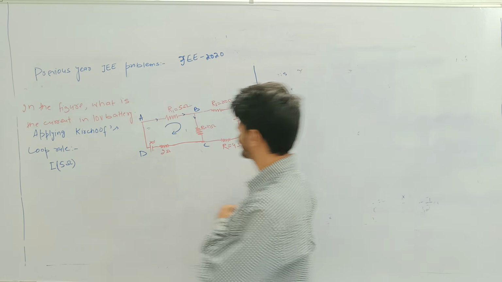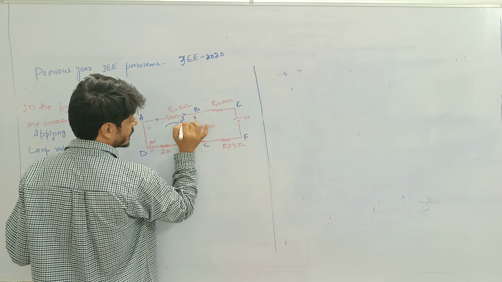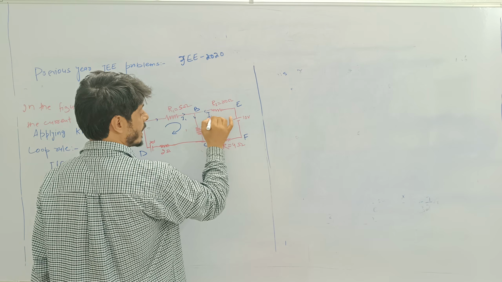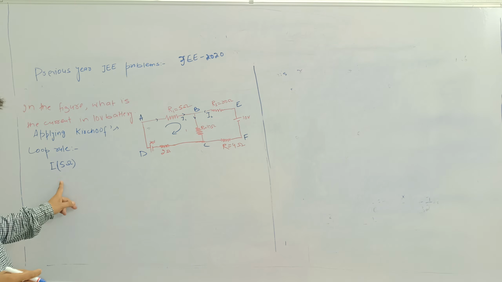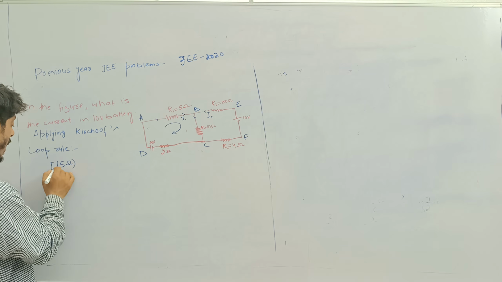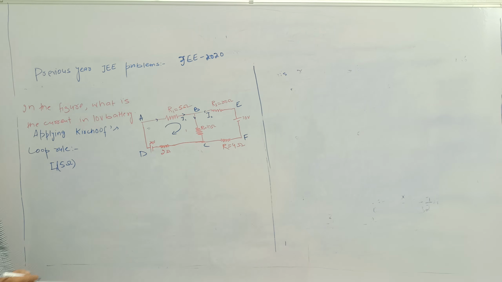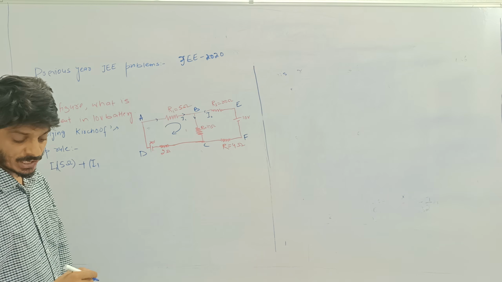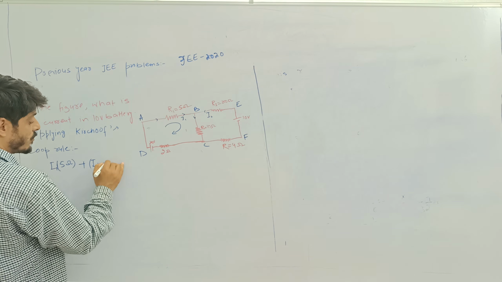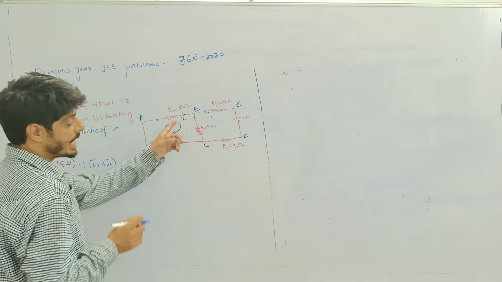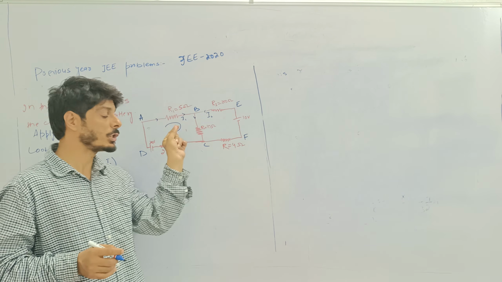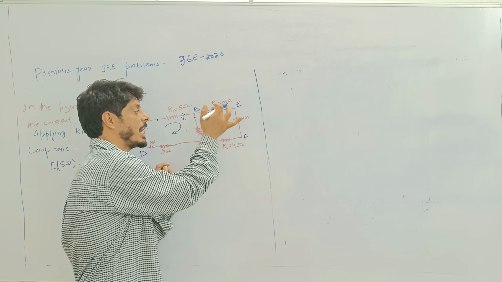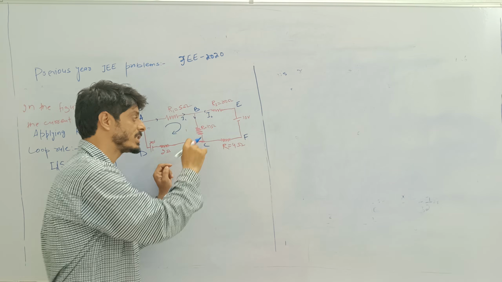Let the current I1 flow here. Let in this loop current I1 be there, and let in this loop current I2 flow. So current I1 into 5 ohm plus I1 plus I2, because applying Kirchhoff's junction rule, I1 comes from the left hand side, and I2 goes from the left hand side through this resistance.